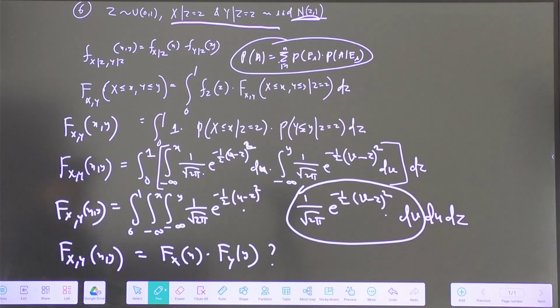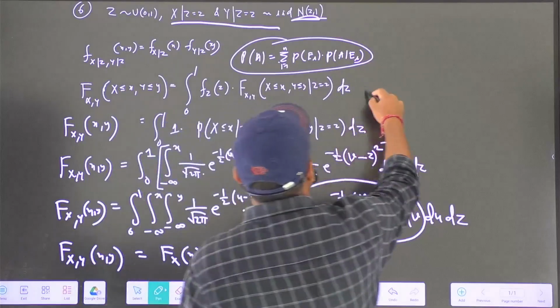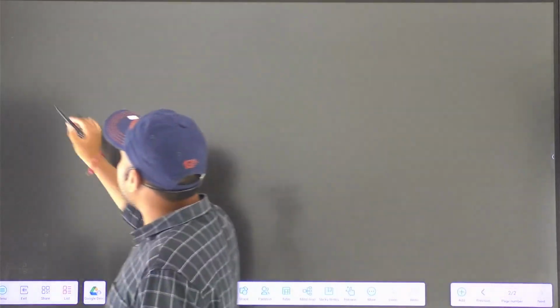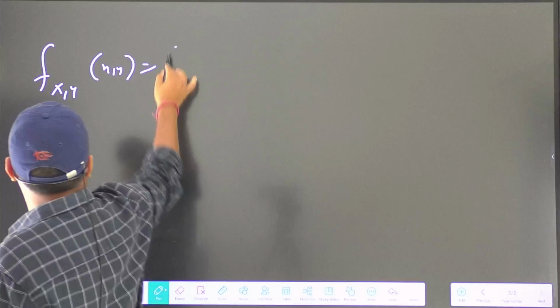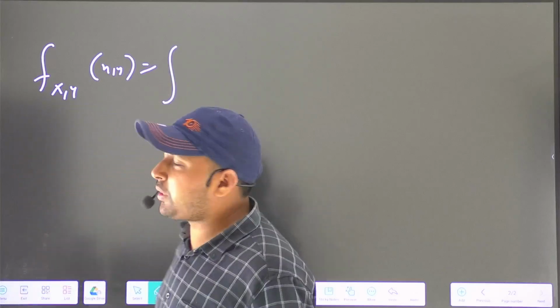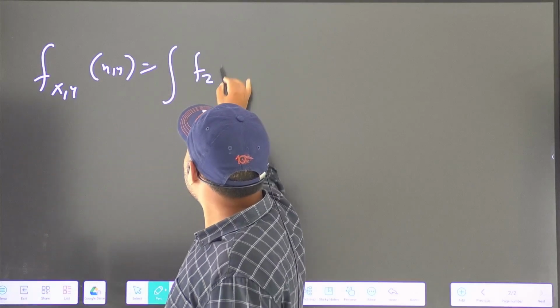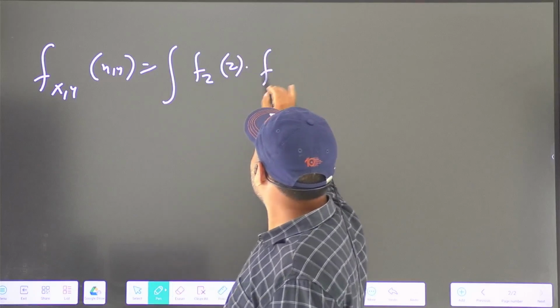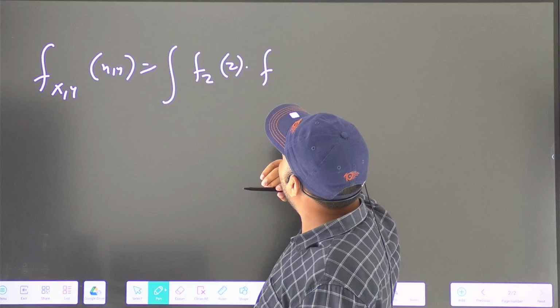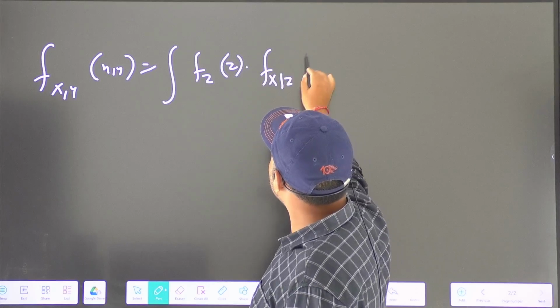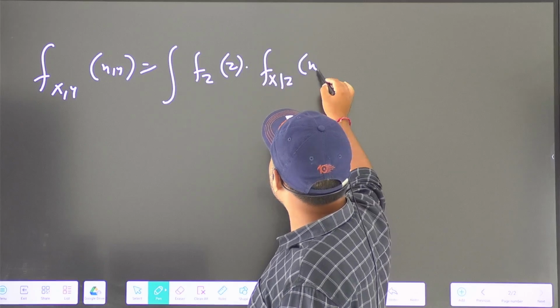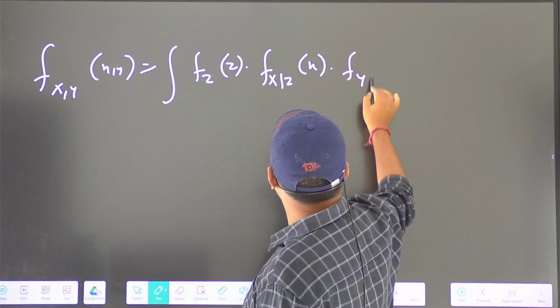Or what I was trying initially, I did with CDF. We could have done it with PDF. So f of x, y you can also do. This is called the convolution method, I think. So f of z into f of x given z, since they are independent, and f of y given z.